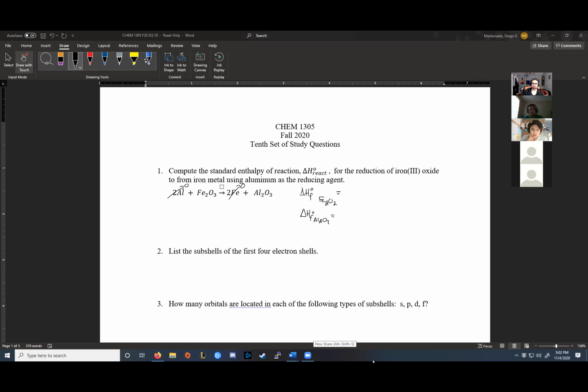It's number 10. It's not loading. Oh, it's not there. Where is it? There it is.